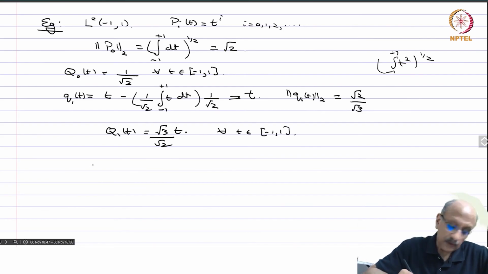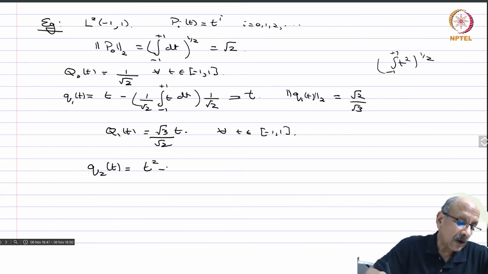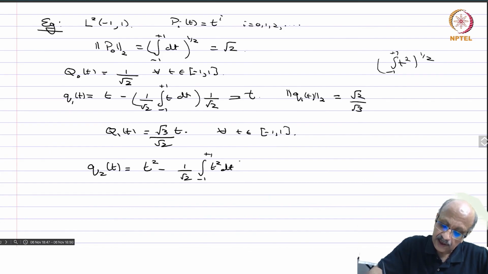Now let us take q2 of t. This will be t square minus the inner product of t square with q0 times q0: 1 by root 2 integral from -1 to +1 of t square dt, into 1 by root 2.